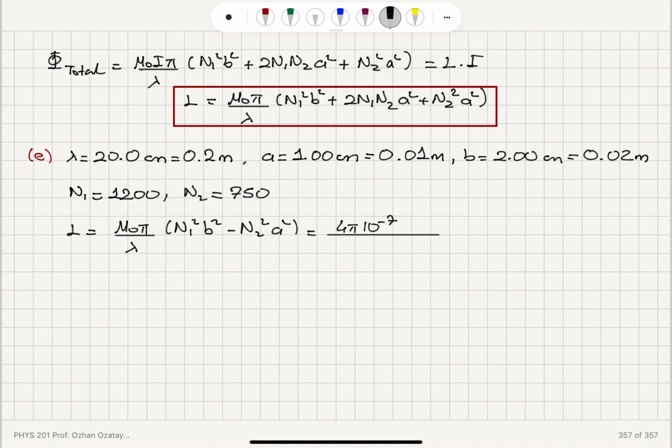And multiplied by pi becomes 4 pi squared 10 to the minus 7, divided by 0.2, multiplied by 1200 squared and b squared, 4 times 10 to the minus 4, minus 750 squared and a squared, 1 times 10 to the minus 4. So this gives us an inductance of 10.3 millihenry.